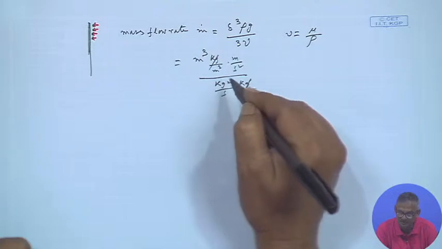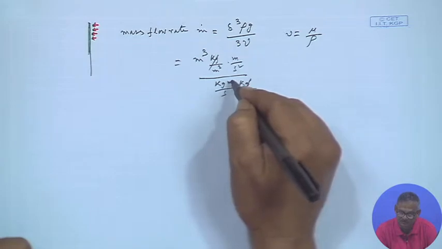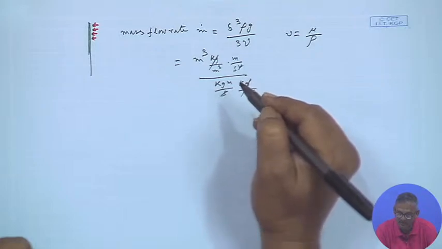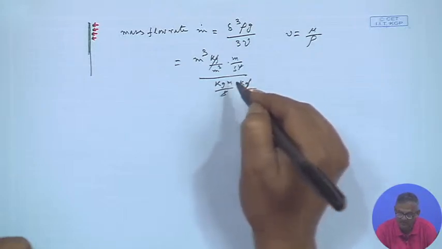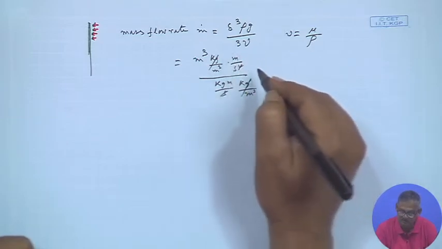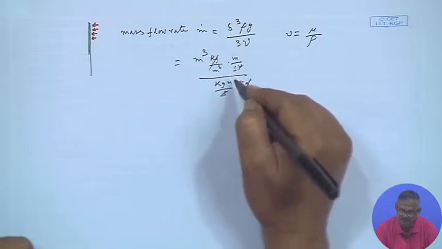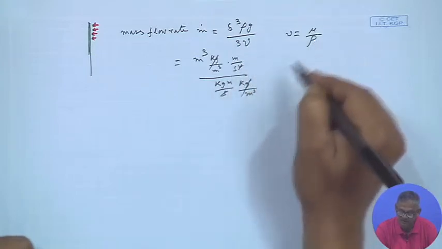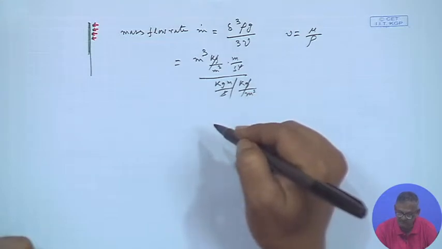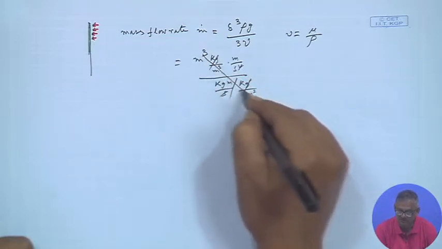Oh, this was kg per meter cube, so it does not go out. I made a mistake.